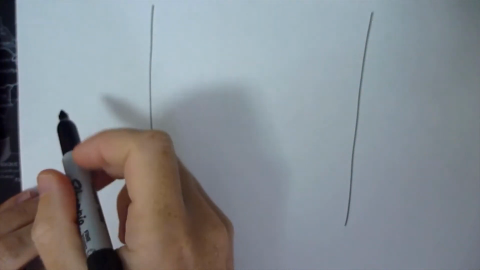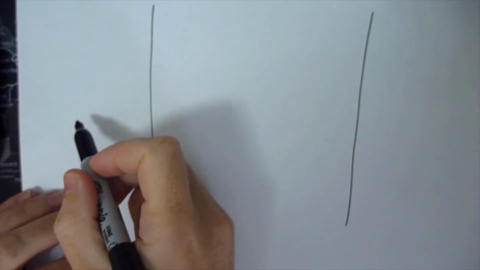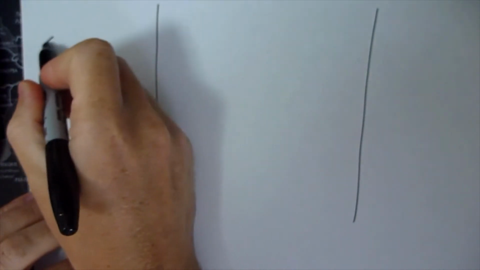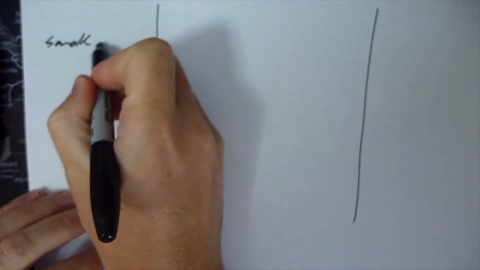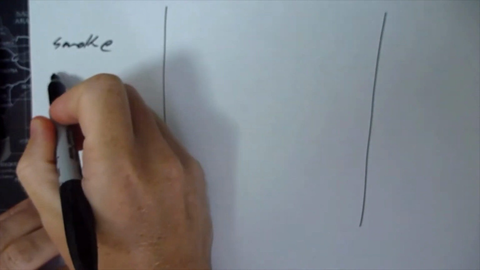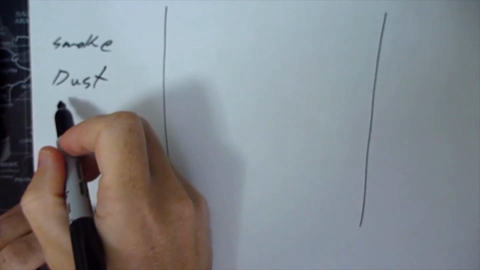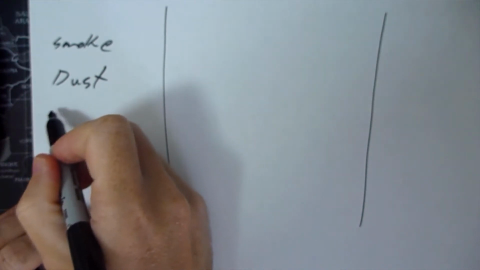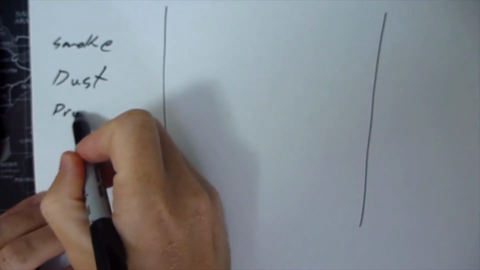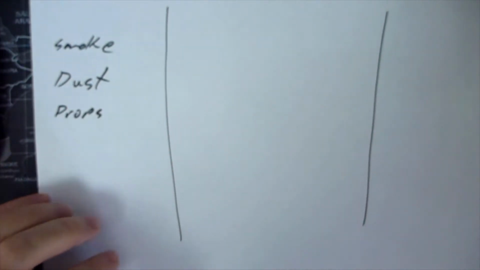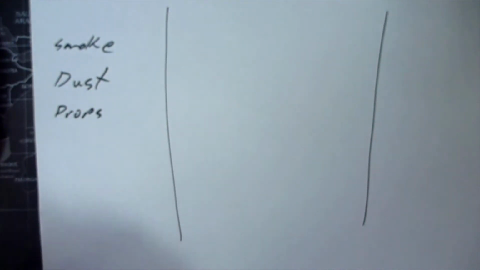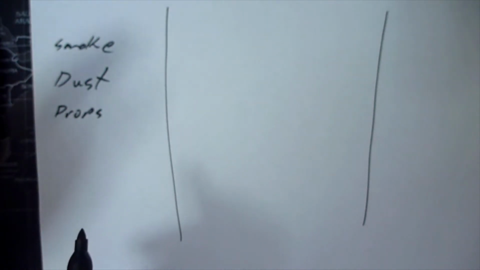The first category is physical particles: smoke, dust, and mostly droplets. We can quickly see that if we've got a fire, we're going to have smoke.